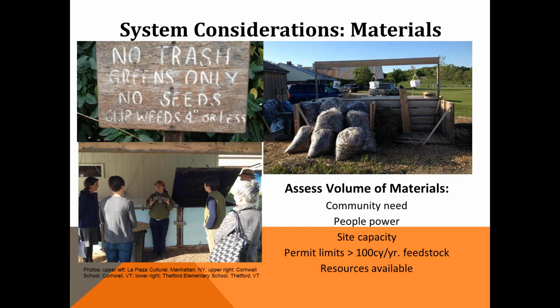You really want to make sure that you have enough carbon sources to match your food scraps, enough people power to turn and aerate and manage the site. And then, what's your room at your composting area? Do you have enough space for your composting needs? Remember, you can always grow. And then we have permit issues, and Natasha will go over those at the end of this presentation.